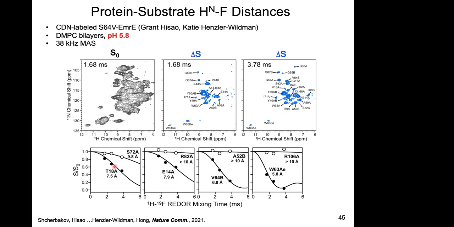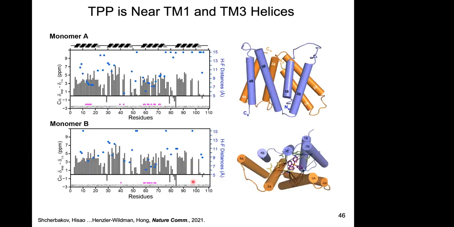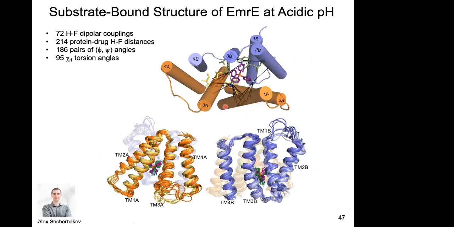I can follow the intensity dephasing as a function of mixing time to get these quantitative distances. So that's extremely helpful. Let me skip this and basically get to the main point, which is that all of these distances help to pinpoint where the tetraphenyl phosphonium is sitting between the two copies of the protein at the dimer interface.